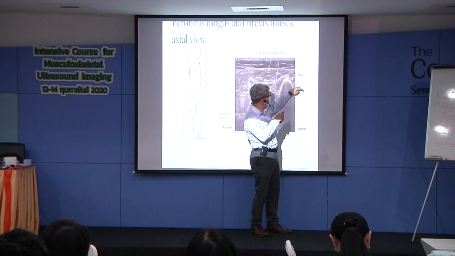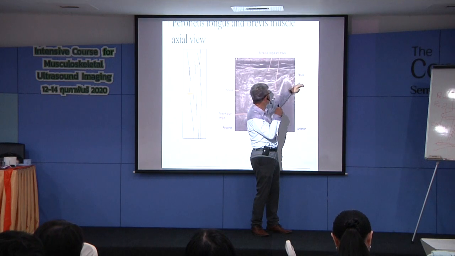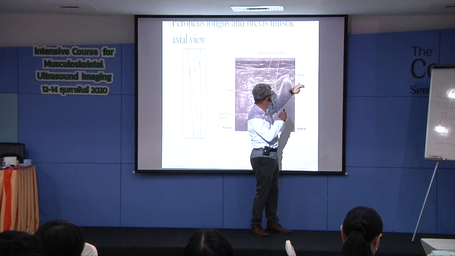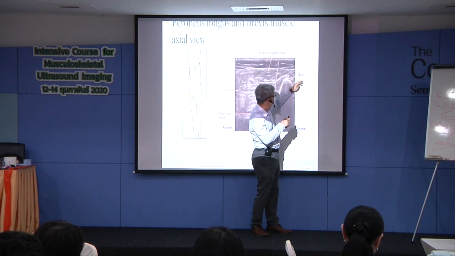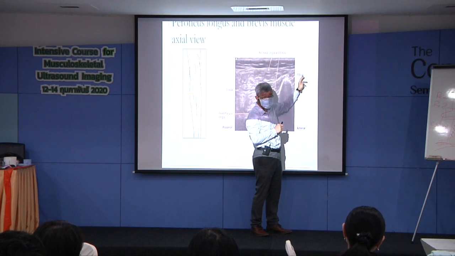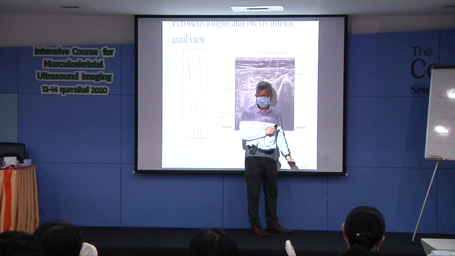There is a superficial nerve between the peroneal longus and the extensor digitorum longus. It's called the superficial peroneal nerve.